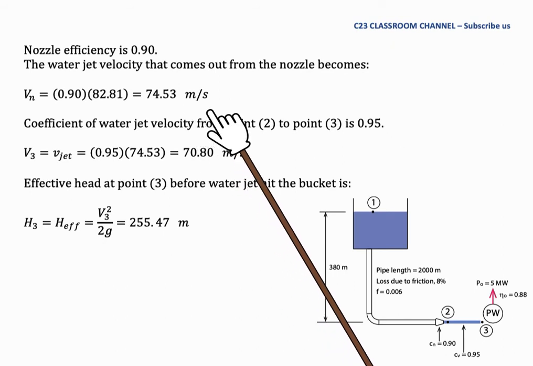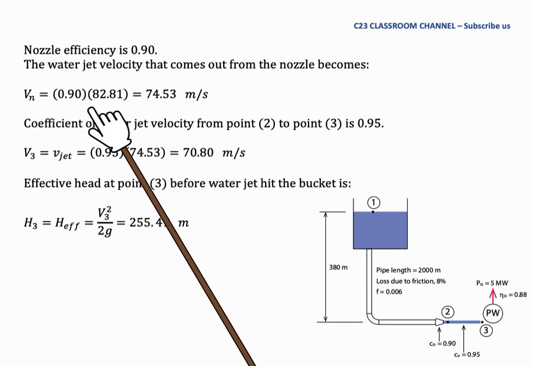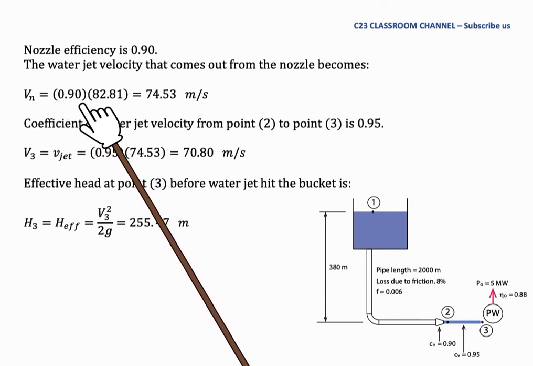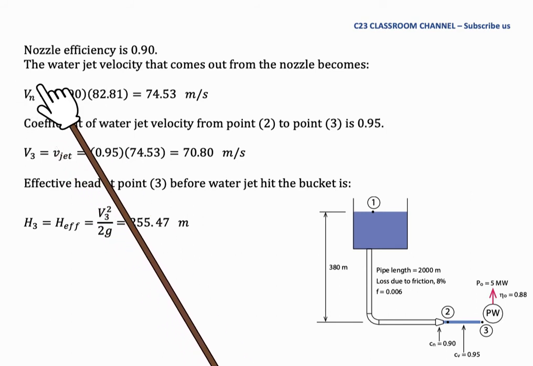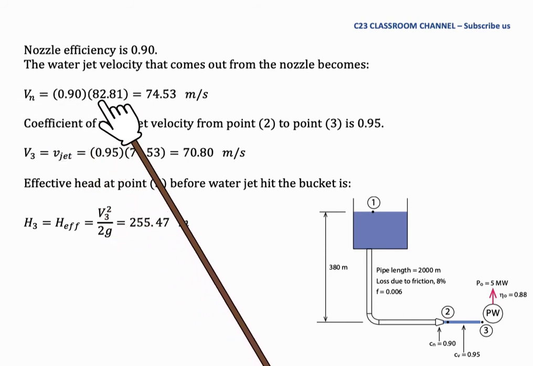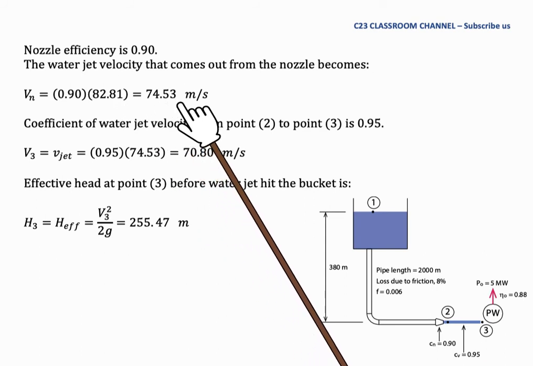However, we cannot use that 82.81 as our jet velocity because this nozzle has its own friction. So we need to calculate the water jet that comes out from the nozzle by using this equation. Because the efficiency of the nozzle is 0.9, the velocity of the nozzle is 0.9 times 82.81, and it becomes 74.53 meters per second.